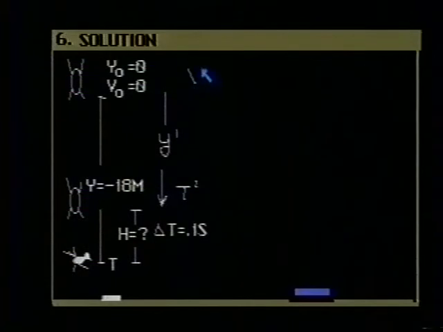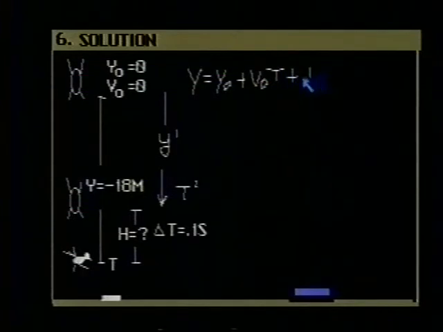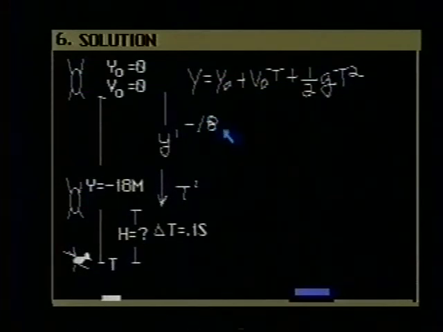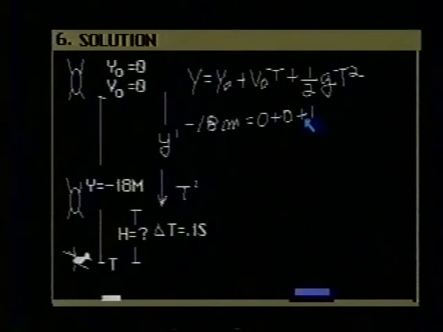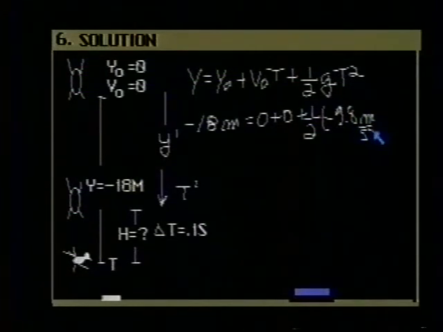I want to use our general expression for displacement. y is equal to y0 plus v0t plus 1/2 gt squared, and substitute in for y: minus 18 meters is equal to 0 for y0, 0 for v0, plus 1/2 times minus 9.8 meters per second squared times t squared.